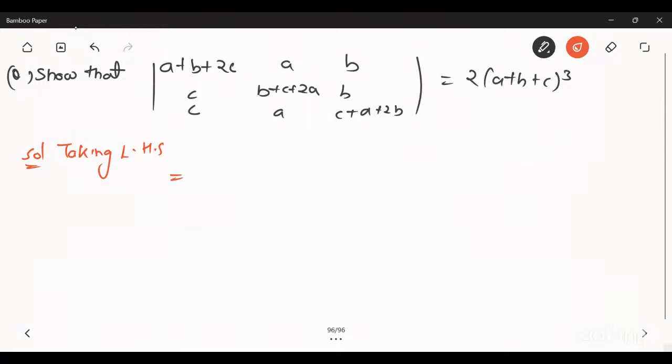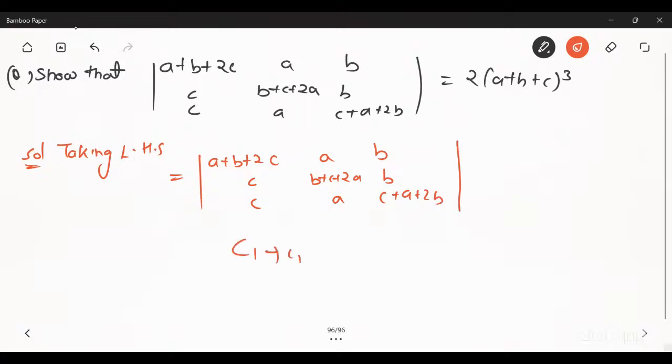So the value of LHS is a plus b plus 2c, a, b; c, b plus c plus 2a, a; b, c, c plus a plus 2b. Applying C1 tends to C1 plus C2 plus C3, now if you see here, you will get 2a, 2b, 2c. Similarly in the second one, c plus c will become 2c, b plus b will become 2b, and 2a.